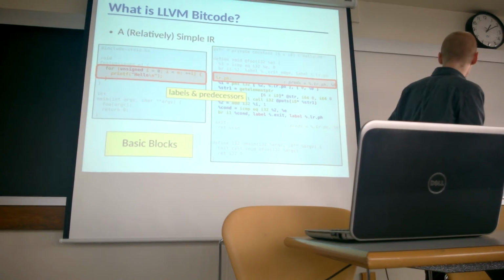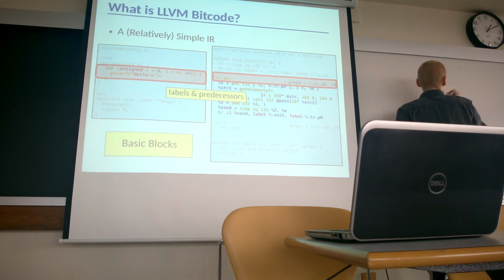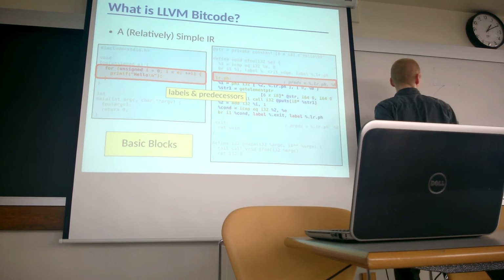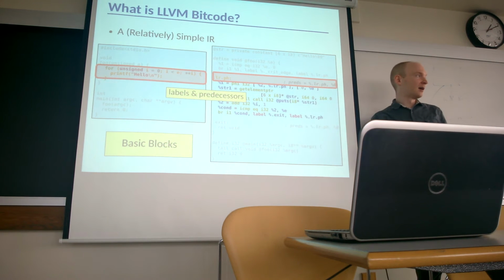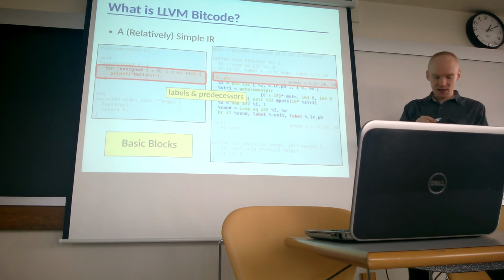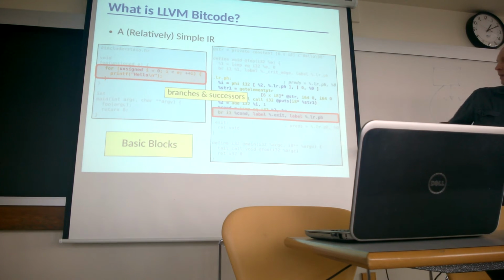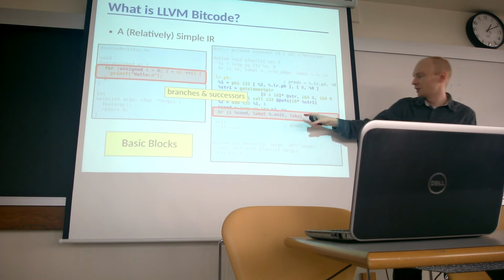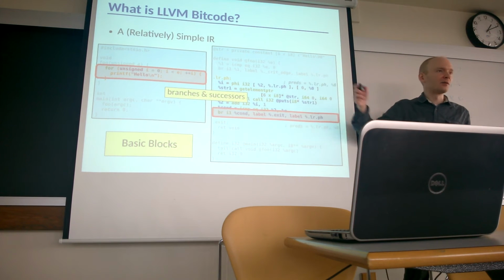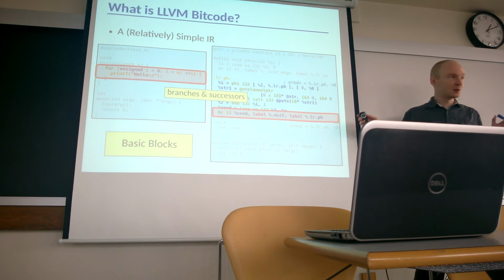Well, the structure of this is something like, here's our entry block, and we can jump to the exit based on this branch, or we can jump to our for loop body, which can jump back to itself or jump to the exit, right? And we can capture all of that information based on these edges here. I think the next slide should show the branch, which says if we take the true branch here, we'll jump to the exit, and if we take the false branch, we'll jump back to the body of the for loop, right? So the information is all there. It takes a little bit more to parse it.